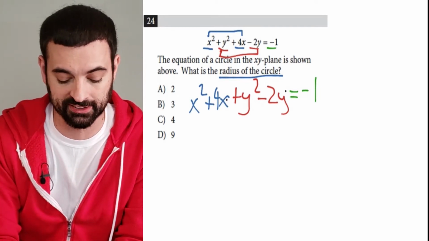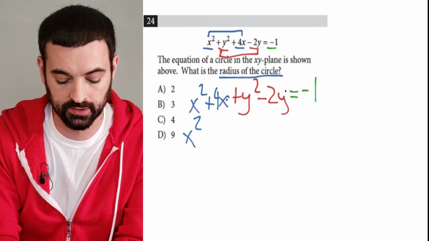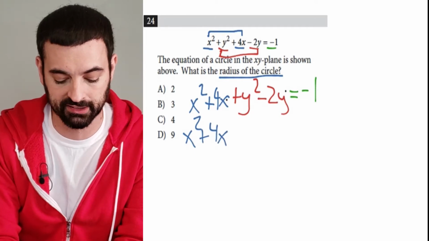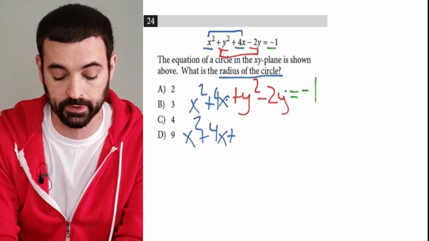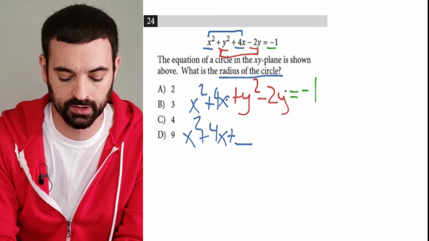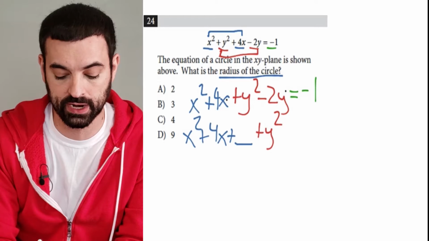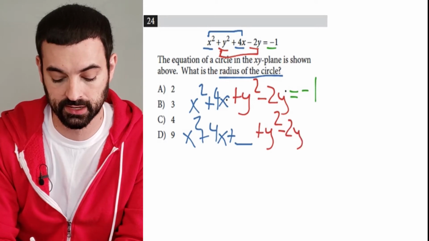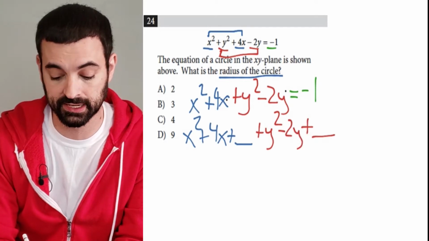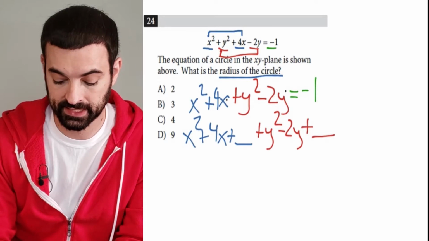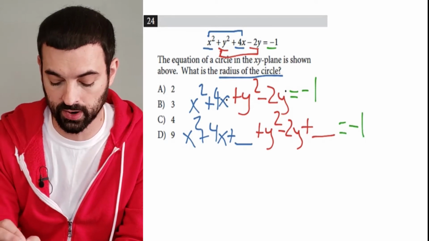So here's the process. I'm going to write x squared plus 4x plus, I'm going to put a blank here, some number, plus y squared minus 2y plus, again, some blank, equals negative 1.